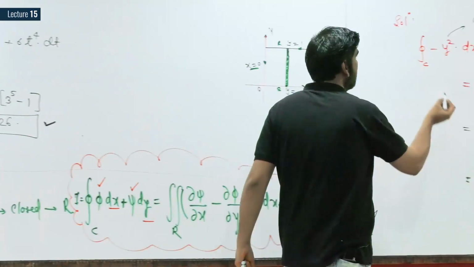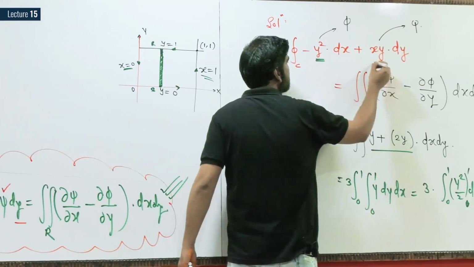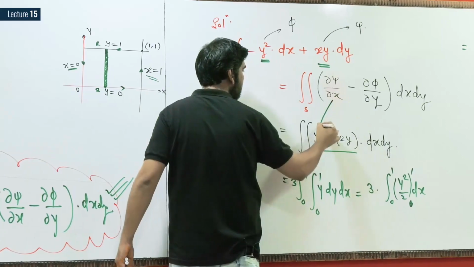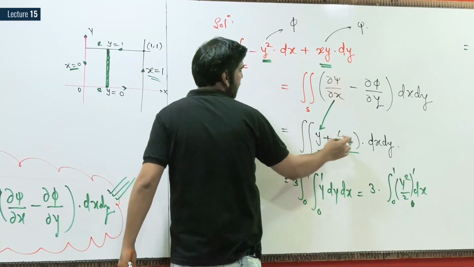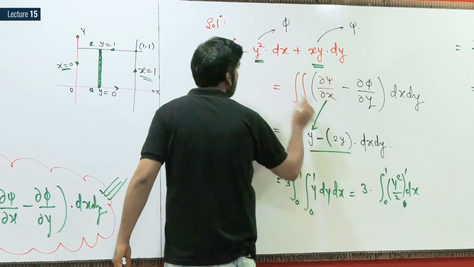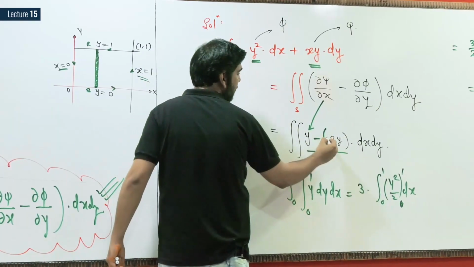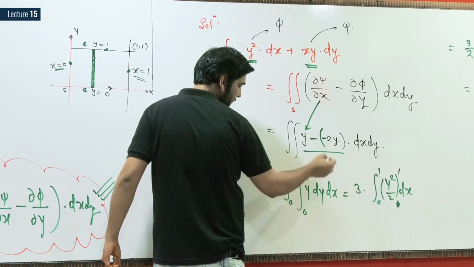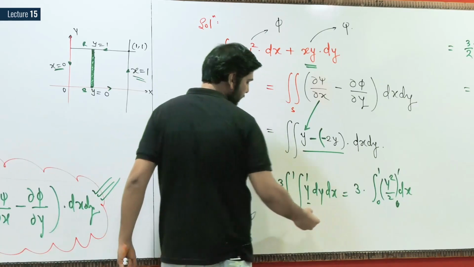Here this is phi dx and this is psi dy. So del psi by del x is y, minus del phi by del y, minus minus plus, gives 3y. So I have 3 and here y.